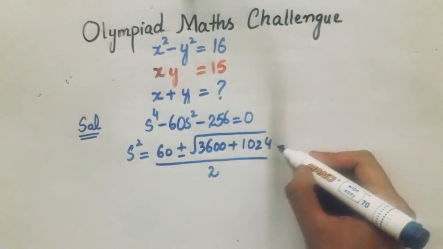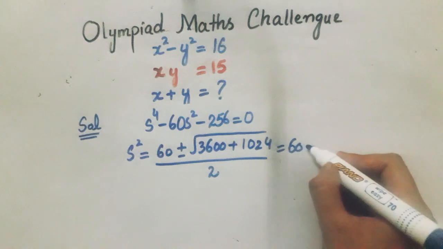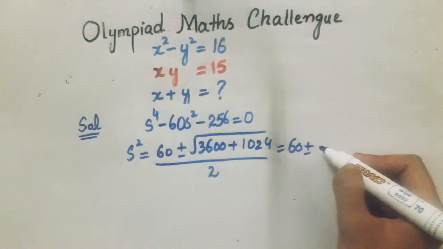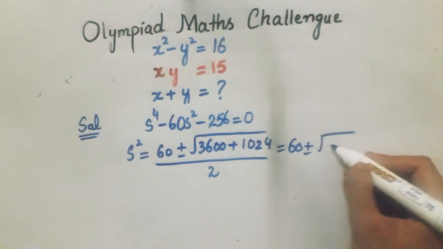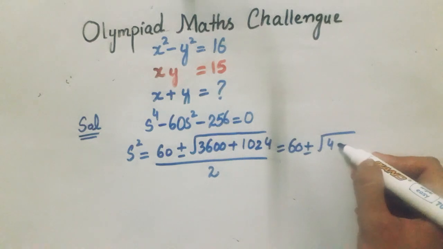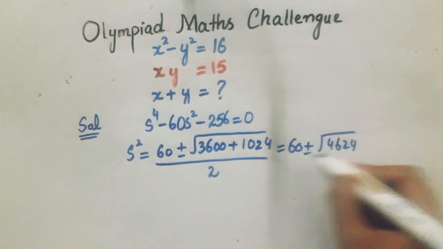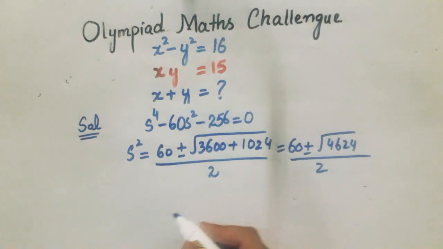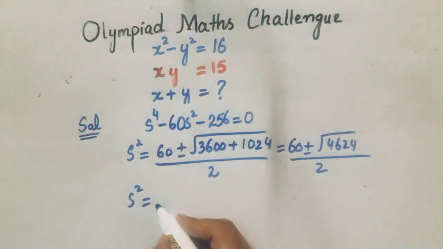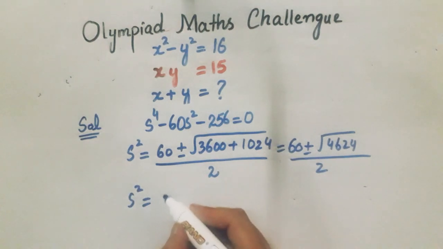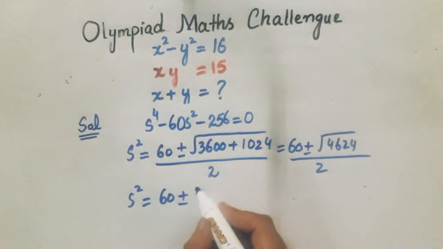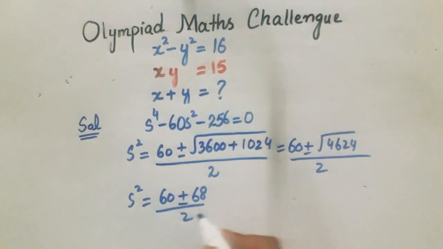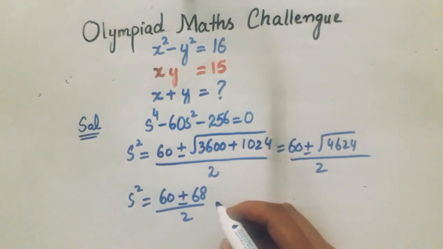After solving this, we will get 60 plus minus square root of 4624, by adding both of them, and this is divided by 2. So this will be equal to the 60 plus minus 68 by 2.